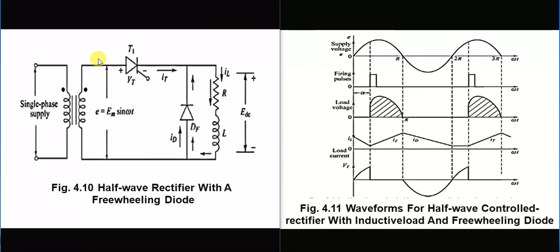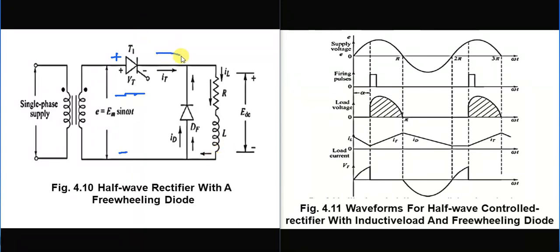So during the positive half cycle of the input supply, anode is positive with respect to cathode. So this SCR acts as a closed switch. It acts as a short circuit and the current will flow through the inductor.